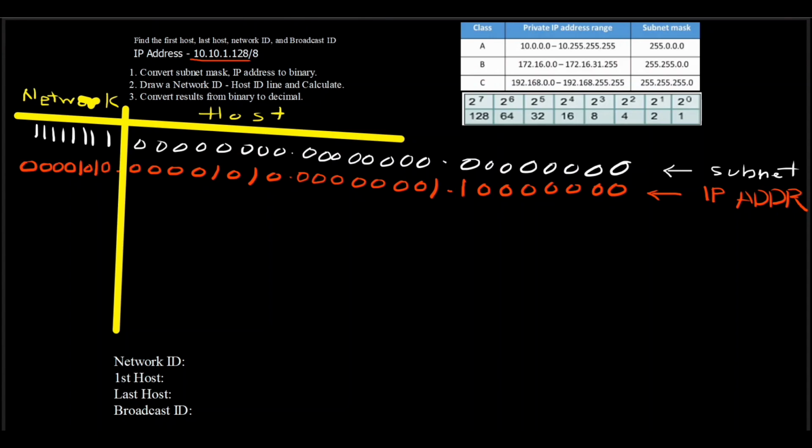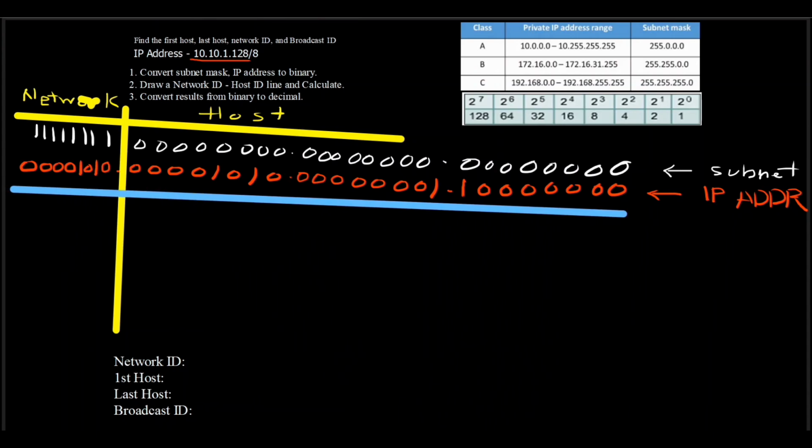Now, since I have this, let me do another line. So since we have the subnet and the IP converted to binary, I'm going to draw a line here. And after this line, we're going to find out the information that we are looking for.